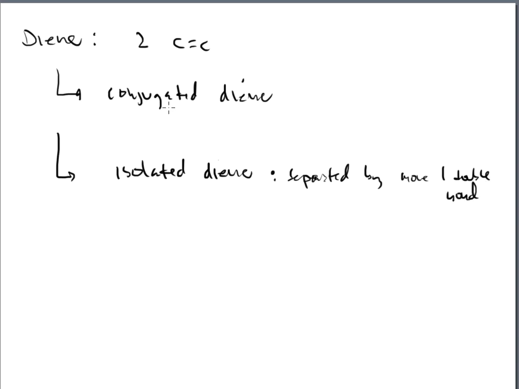And conjugated dienes, well, this means the double-bond carbons are separated by only one single bond. And I just made a mistake. I was thinking about doubles, and I said double, but I meant single.